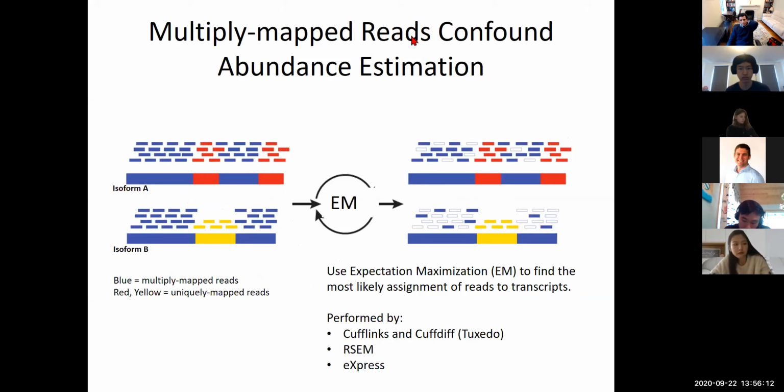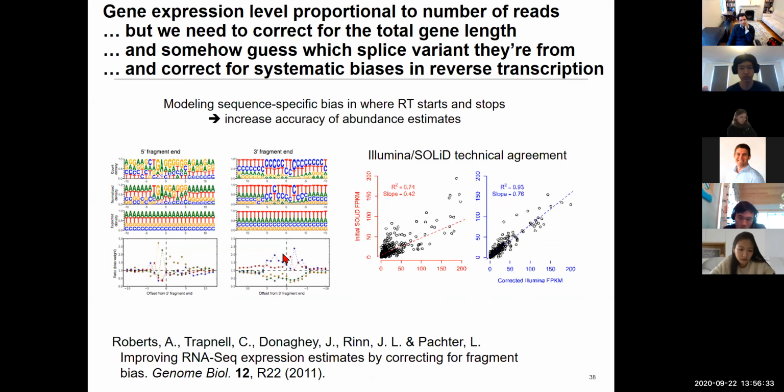So with the multiply mapped reads, you basically have a challenge because you don't exactly know where to map them. So you can use this expectation maximization approach to find the most likely assignment of every read to every transcript. And this is what you use in the core of many of these methods like Cufflinks, Cuffdiff, RSEM, and then eXpress.